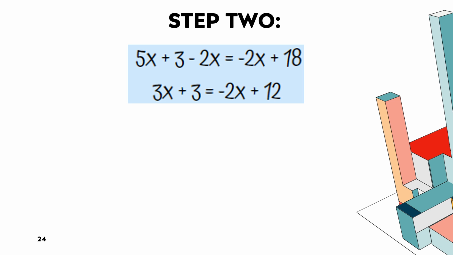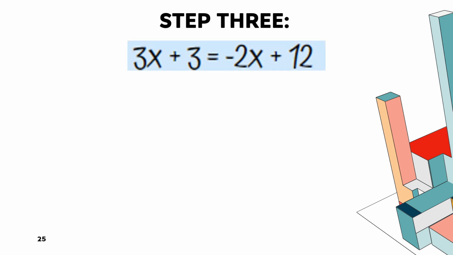Do you remember step 3? Take a moment to think about it before proceeding to the next step. In step 3, we determine what variable needs moving. Look at each of these terms and decide the smallest variable coefficient. Take your time.